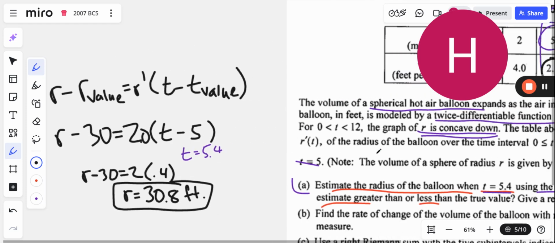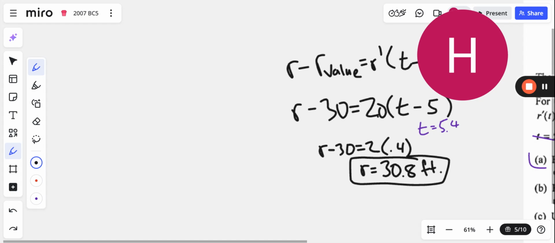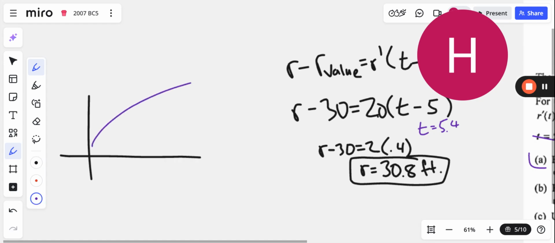Now, the second part of this question is asking if that is an over or underestimate, if the estimate is greater than or less than. And here already we're going to use the fact that r is concave down, because that means the graph of r roughly looks something like that. And we have the exact amount here at 5, and we're trying to estimate it a little further at 5.4.